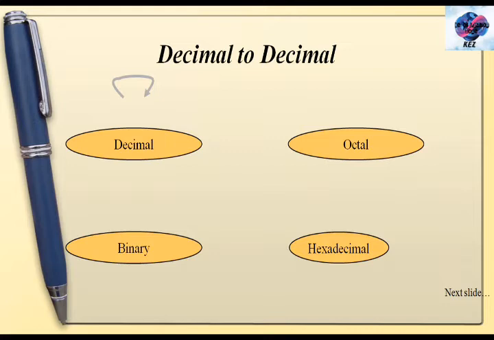For the discussion, at first we want to convert decimal to decimal. Here is one rule you have to follow for any type of conversion. Whenever you convert from decimal to any other number, you have to multiply according to the base of that number system in this order.